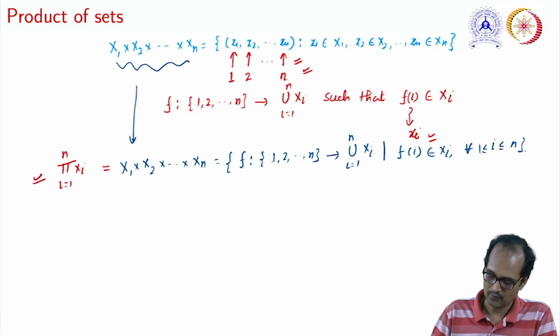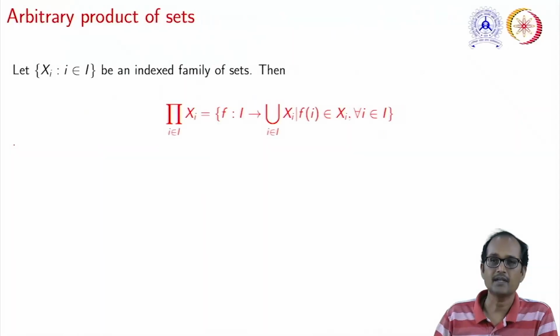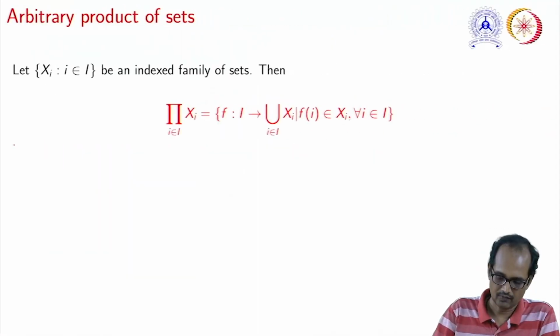Now what will happen if we replace this set by an arbitrary set, that is, an arbitrary index set? This is our motive. If we replace this set by an arbitrary set I, we can define the product of an indexed family of sets.